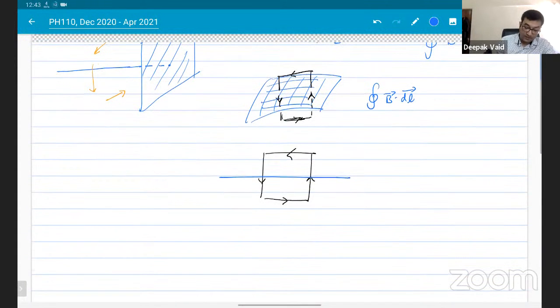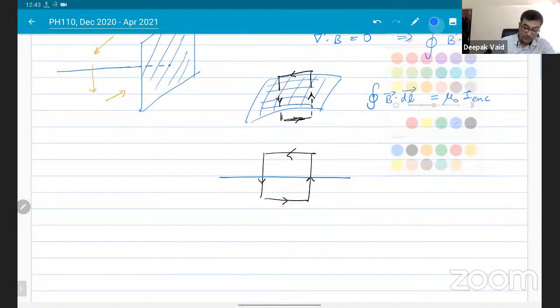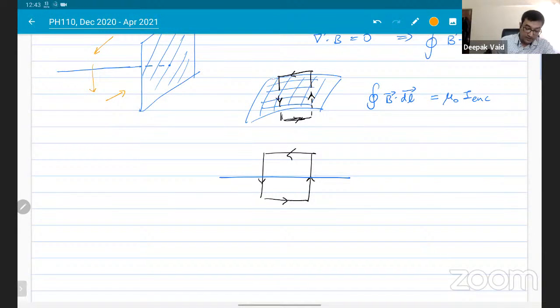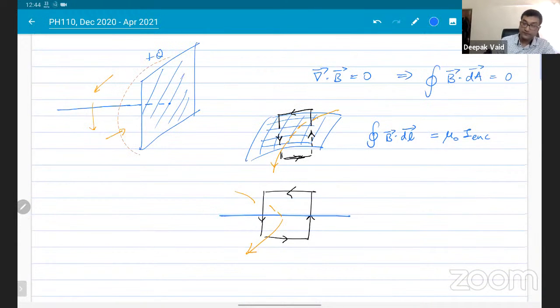Now B dot dl from Ampere's law is equal to mu times the enclosed current. That means there should be some current flowing through this loop. Otherwise, this will be zero. Now, if you look at this sheet, are there any currents flowing on this sheet?